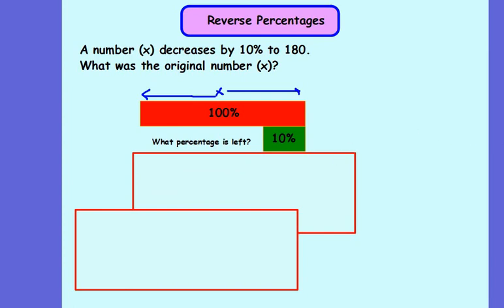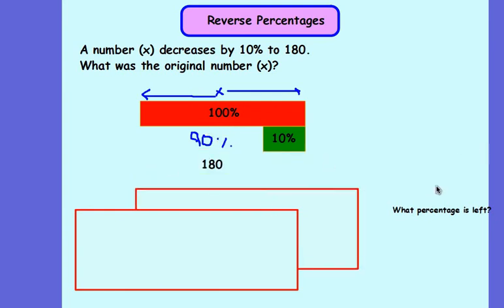Tamsin. Great, 100% take away 10% tells us that 90% of x is left. We know that 90% of x is 180. As we've been told, when we take away that 10%, what's left is 180, which is 90%.